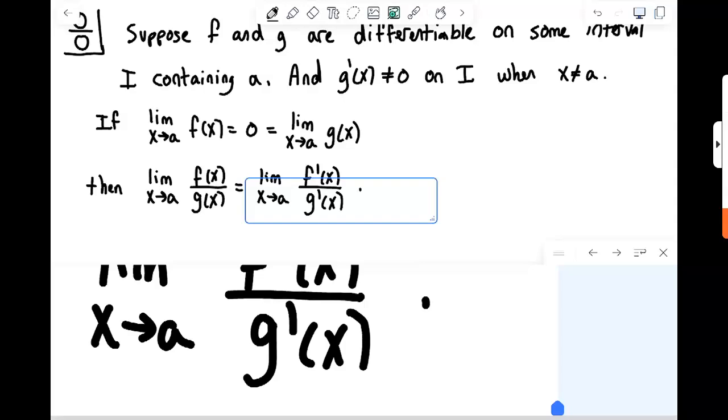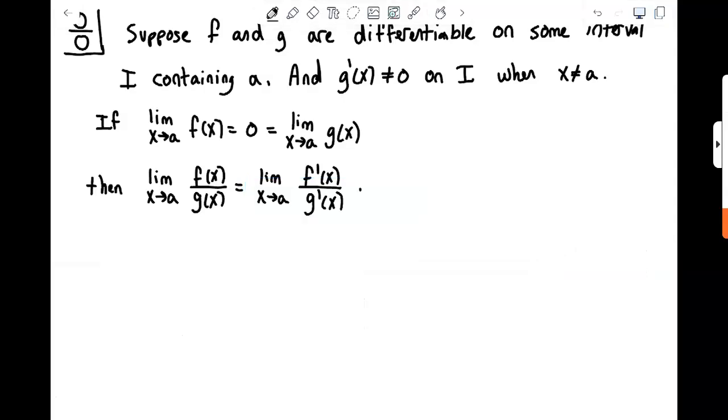So L'Hopital's rule allows me, when I'm dealing with a 0 over 0 limit, to look at the limit where I take the derivative of the top and the derivative of the bottom. The hope is that in doing that, I'll transform it into something that I can evaluate the limit of.